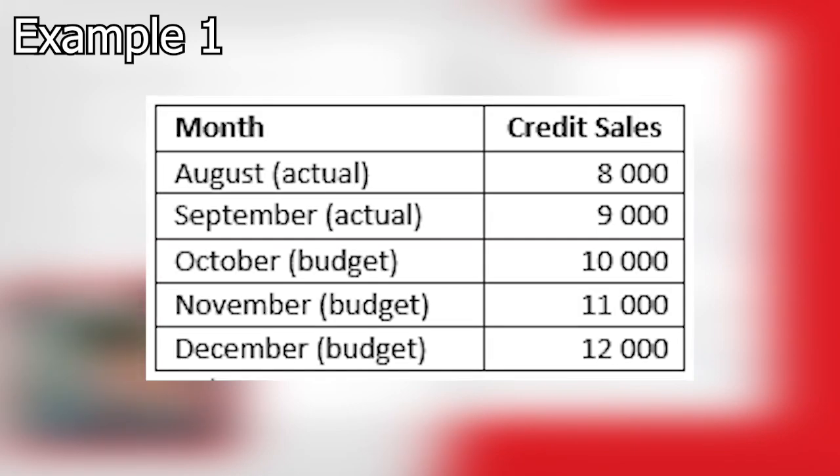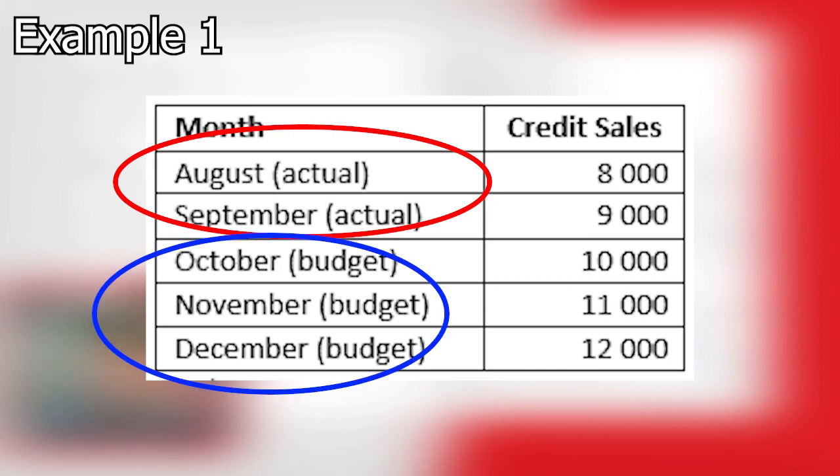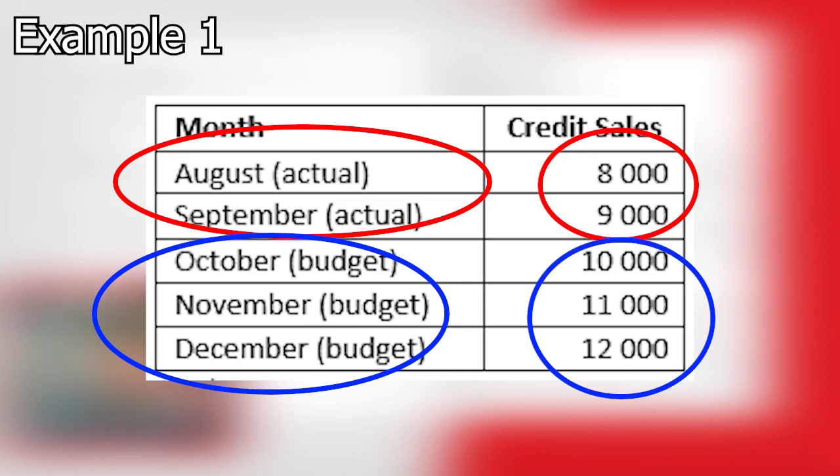So our first example will be Carl and Katz has provided the following set of numbers. And you see here, we've got the month of August, which is actual, and September, which is actual, all the way through December, which is budgeted. Those amounts for August is 8,000, September 9,000, October 10,000, November 11,000, and December 12,000. These are all dollar amounts.